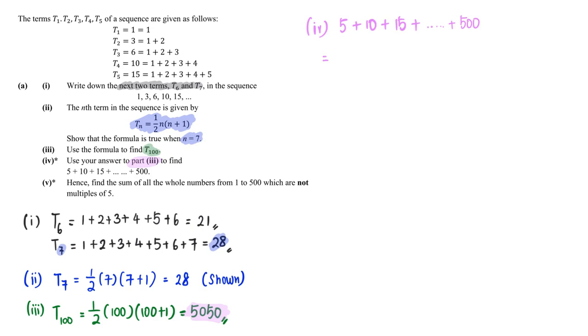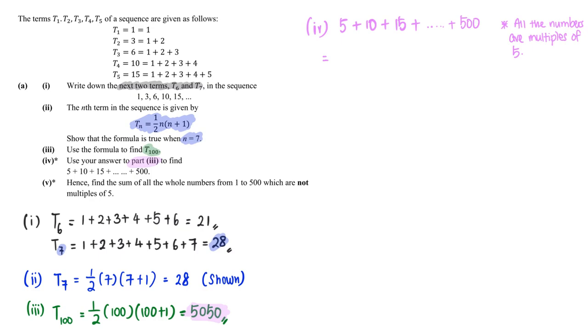So this is important because by knowing that we keep on adding 5 to the previous term, all the numbers here, if you notice, the first observation Mr. Tan here made is that all the numbers are multiples of 5.